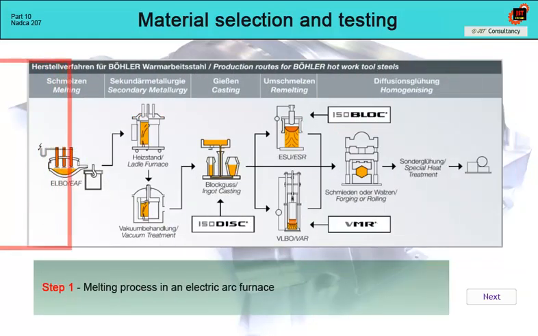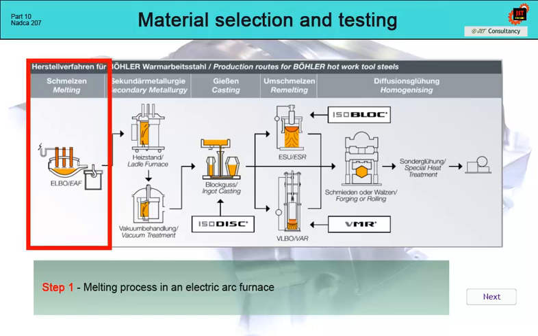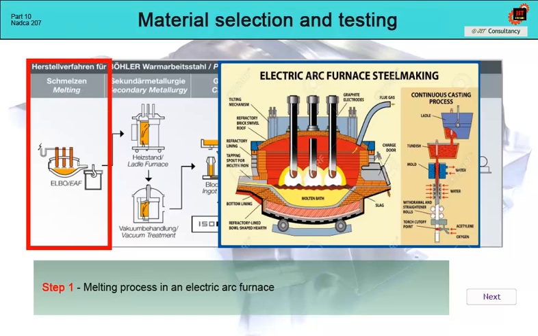The first step is to produce pig iron from iron ore in a blast furnace. This pig iron contains up to 5% carbon and a number of other impurities related to the raw materials used. Pig iron in a liquid state is then transported to electrically heated furnaces.